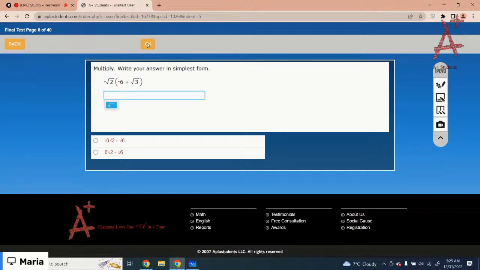It would be negative 6 square root 2 subtract square root 6. That would be the first option. Got it? No, negative 6 and negative square root 6, negative and negative is positive. So it would be negative 6 square root 2 minus square root 6. So just select the correct option and click on the OK button.